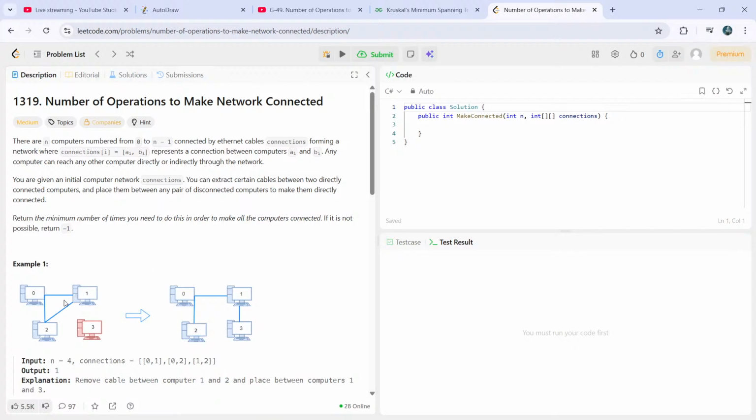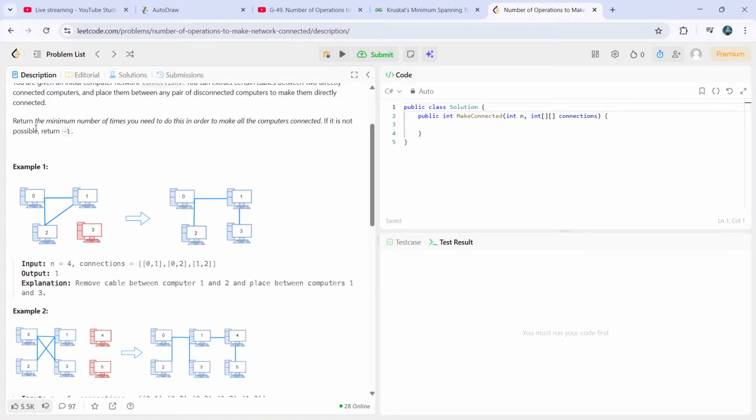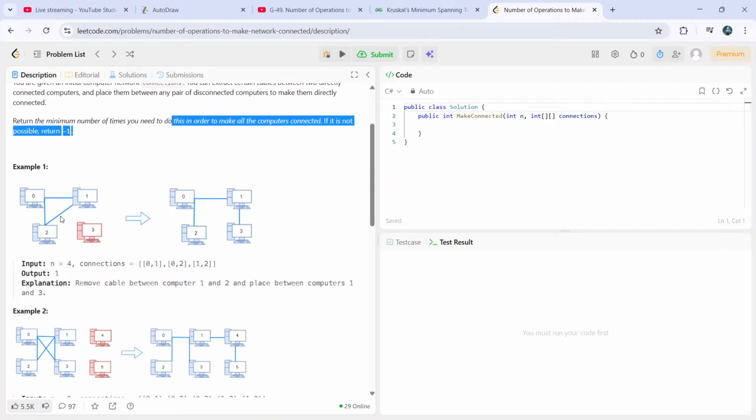So basically, I can remove this cable and connect it to this remote desktop, and now they are all connected. I have to return the minimum number of times I need to do this in order to make all computers connected. And if I don't have this cable, then I can't connect to this one.